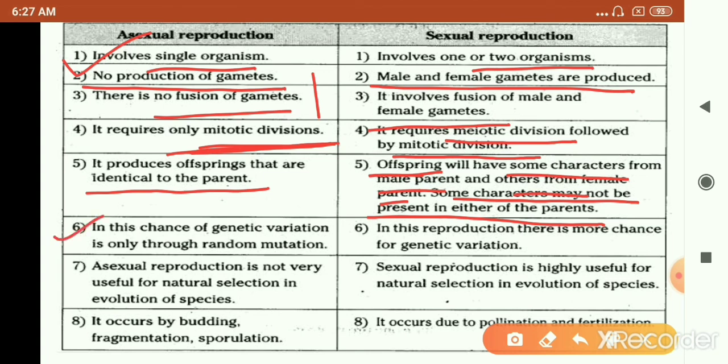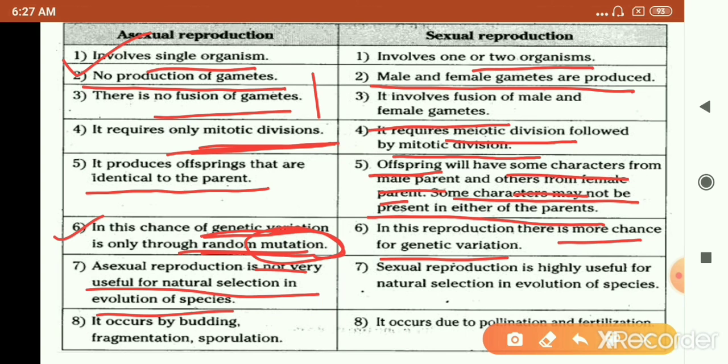In case of asexual reproduction, the variations produced are minor, and that's because of errors in DNA copying, also referred to as mutation. But in sexual reproduction, you find more variations are produced. I've just now told you why and how more variations are produced. Asexual reproduction is not very useful for natural selection or evolution because the amount of variation produced is quite less.